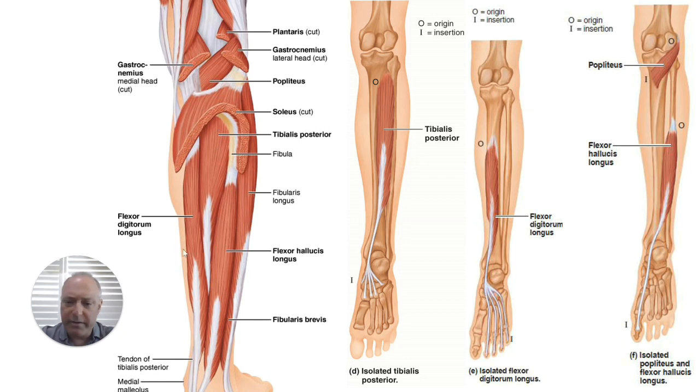Flexor digitorum longus, flexor hallucis longus, and flexor digitorum brevis. These are going to be deep to the soleus and the gastrocnemius. Still posteriorly, we've got the tibialis posterior.